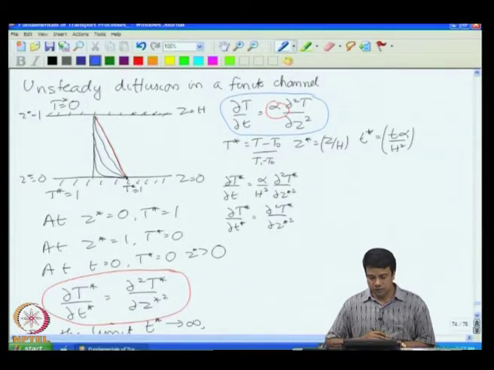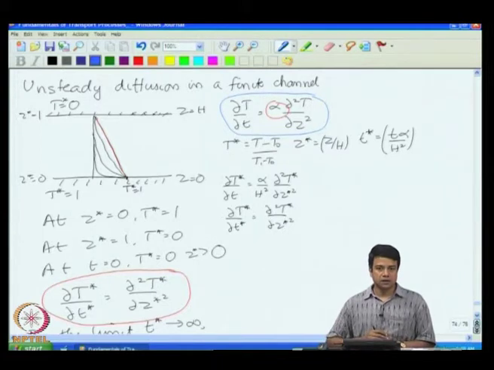And therefore, I can get only one time scale out of this problem, which is h square by alpha. So, I can define only one dimensionless time as t alpha by h square. That was the rationale for choosing this dimensionless time.